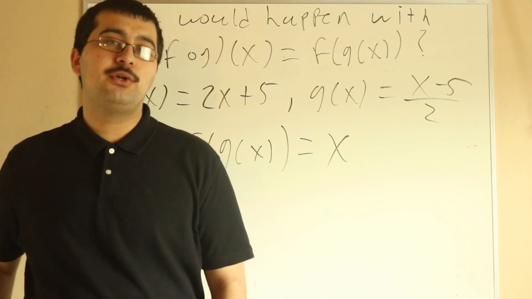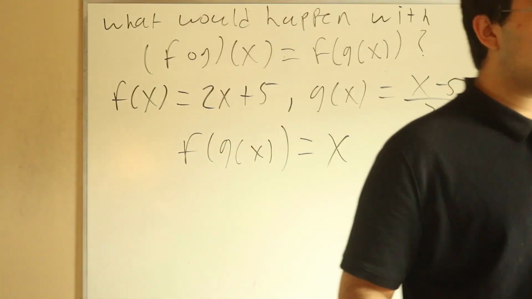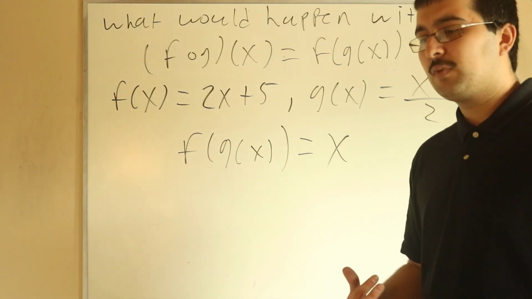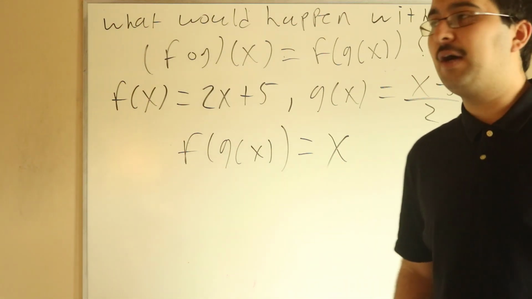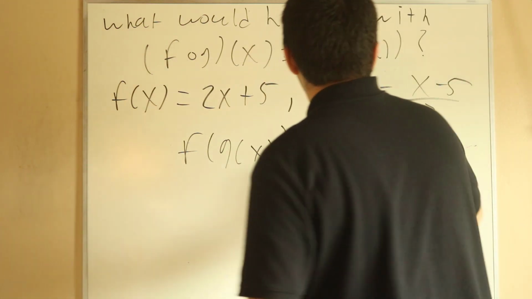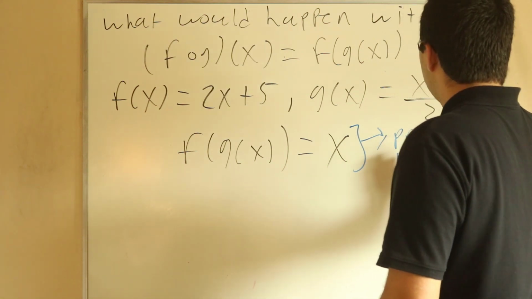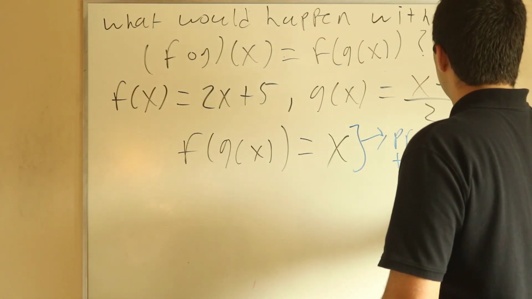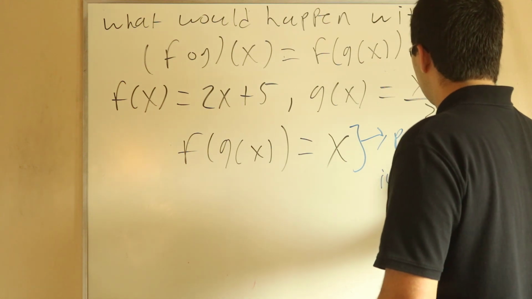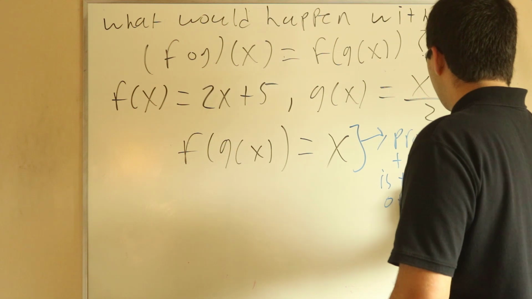This is exactly what we're looking for. Okay? And let's spend some time thinking about that, because it's a pretty interesting idea to think about: why is this statement the proof we need? Proof that g of x is the inverse of f of x.